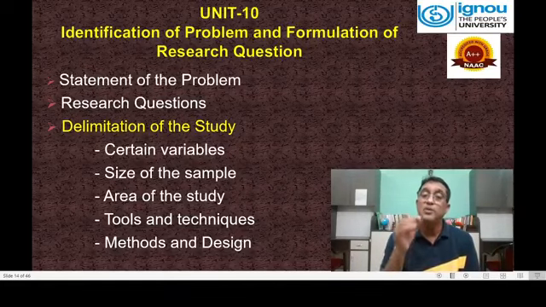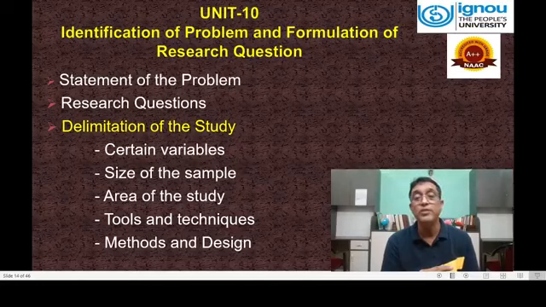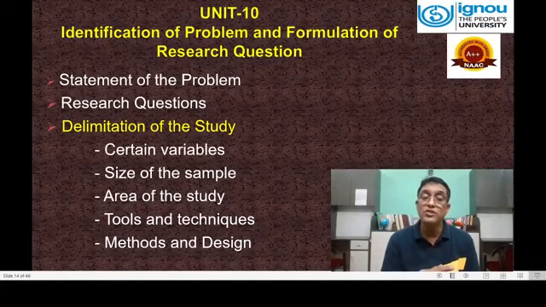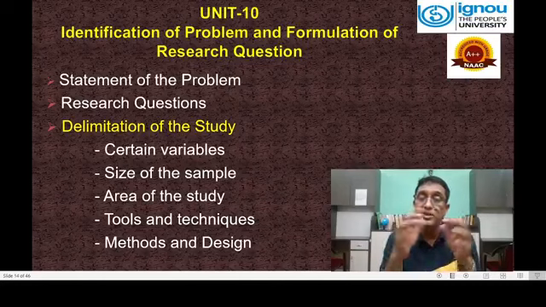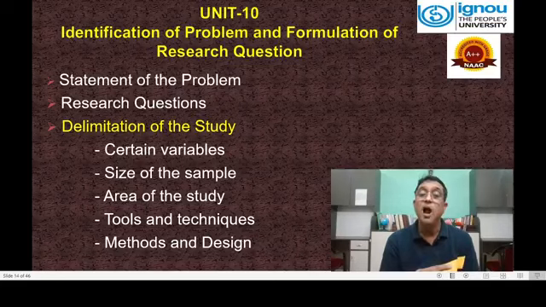That means let 5% of the population be the sample of your study, or 10% of the population be the sample of your study. So here you see, you are not delimiting two concepts. When you study sample and sampling, it means how to select a sample from a population by using a sampling technique.